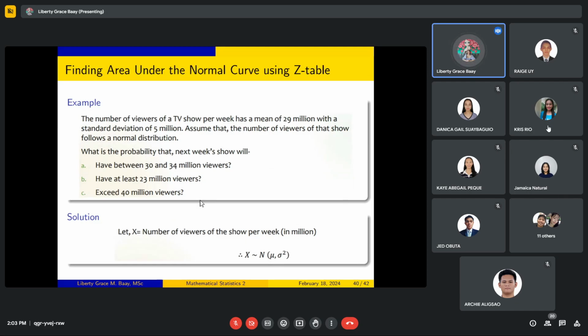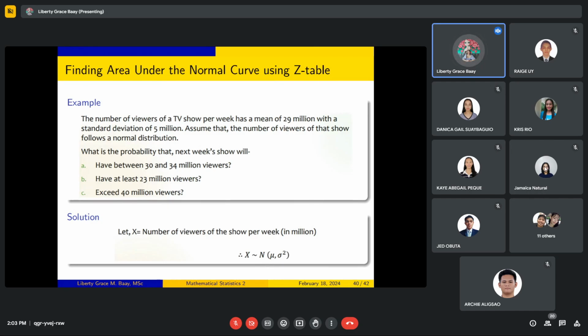Okay, so we are asked to find the probability of the following using the z table or simply the standard normal table. The number of viewers of a TV show per week has a mean of 29 million with a standard deviation of 5 million.